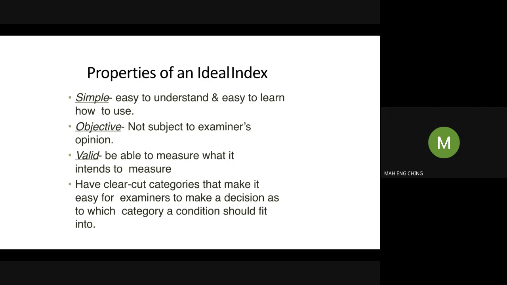So it should be able to measure what is intended to be measured. Let's say IOTN 5 means the severity of the occlusion is more than IOTN 1. So it should have clear-cut categories that make it easier for the examiners to make a decision as to which category a condition should fit into. So it must be clear, like IOTN 1, 2, 3, 4, 5. There must be certain criteria to fit that severity of the occlusion.